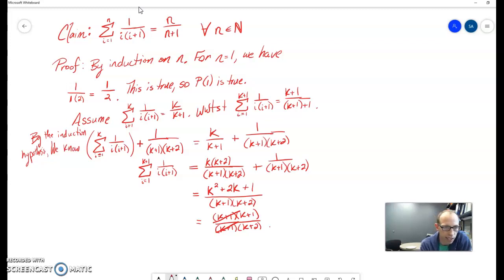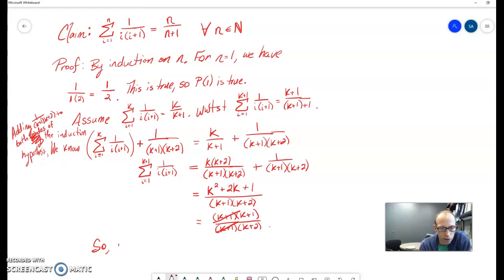Or you could say, even better, adding 1 over k plus 1 times k plus 2 to both sides of the induction hypothesis, we know, and you could put things like by algebra here.